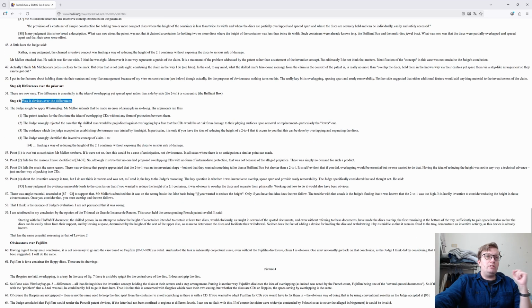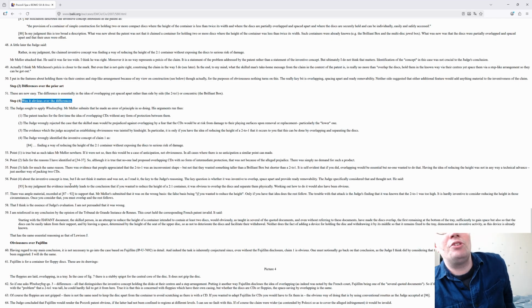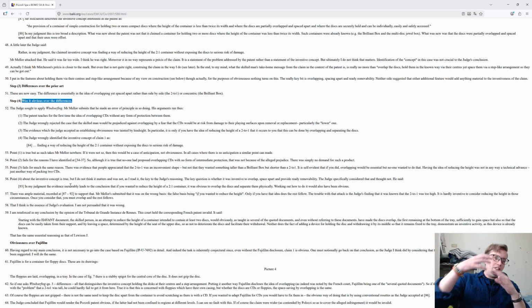The judge wrongly rejected the case that the skilled man would be prejudiced against overlapping by a fear that the CDs would be at risk from damage to their playing surfaces upon removal or replacement, particularly the lower one. So he's saying that you might scratch the disc when you take it out. That's one thing that the invention does that the prior art doesn't, is that it allows you to take a disc out without scratching it, basically.